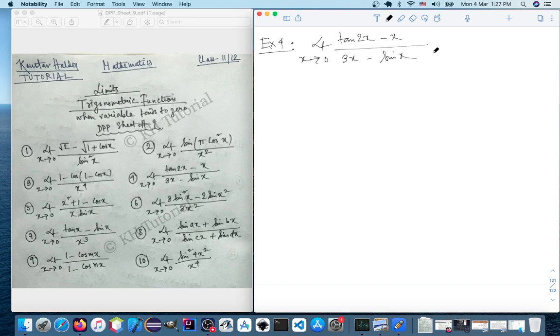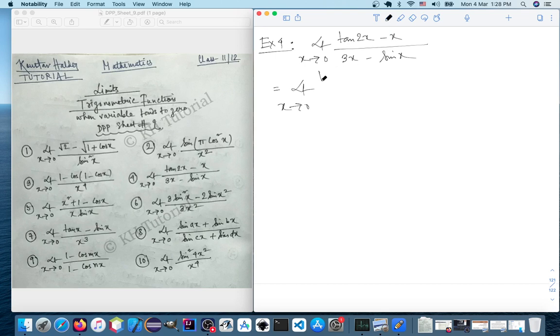Let's take x common from both the numerator and the denominator. We would like to create the standard forms sin x by x and tan x by x and do the necessary adjustment.